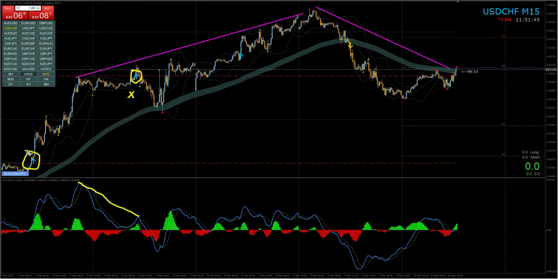This is a perfect entry, this is a good entry, but with that divergence it is the risky one, so we avoid that.